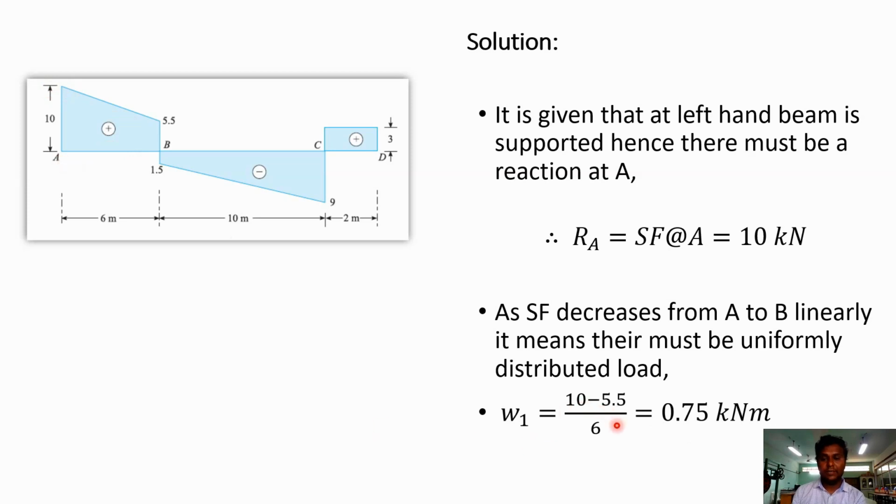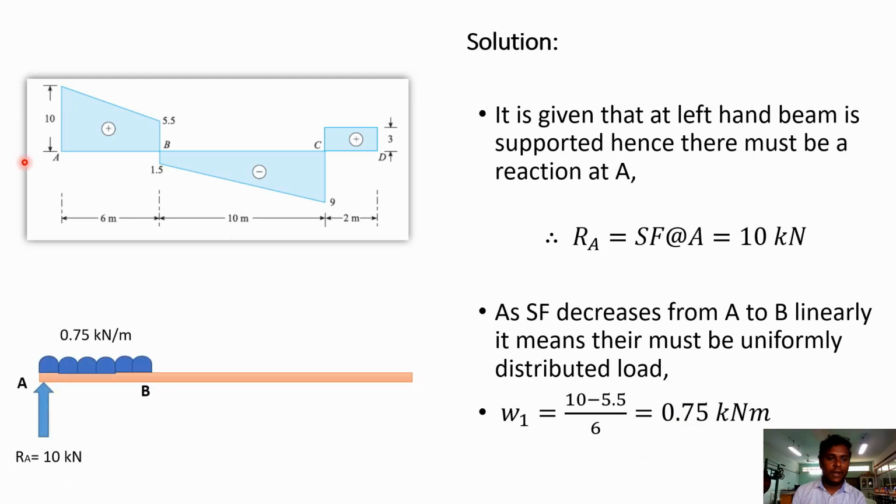Here it is 10 minus 5.5 divided by the span, that is 6, and we get the intensity of the uniformly distributed load, equal to 0.75 kilonewton per meter. So we can say that at A there is a vertical reaction of 10 kilonewton, and from A to B we have a uniformly distributed load acting in the downward direction, equal to 0.75 kilonewton per meter.